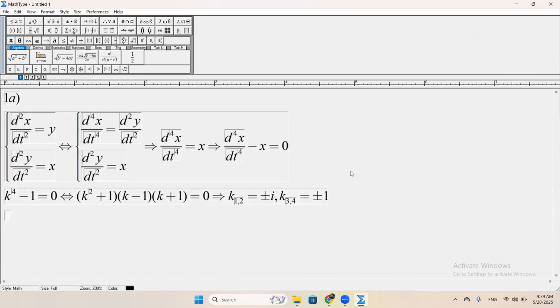So received the following solution for x. So x will be equal c1 cosine of t plus c2 sine of t plus c3 e in power of t plus c4 e in power of minus t.